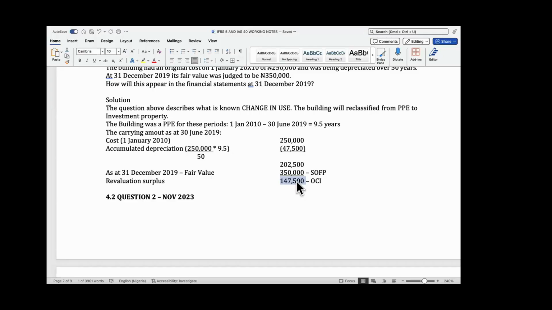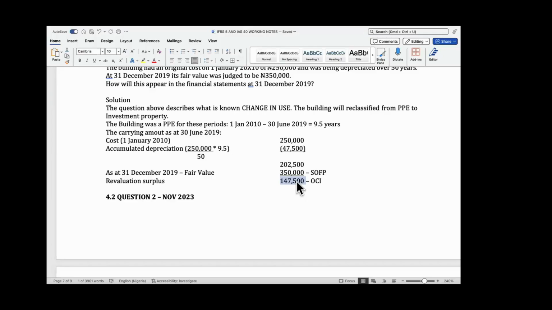So at the date of change in use, any gain or loss will be based on the old use, and the reasoning makes sense. This gain cannot possibly arise as a result of the asset being investment property. No, this asset had been PPE for over 9 years.